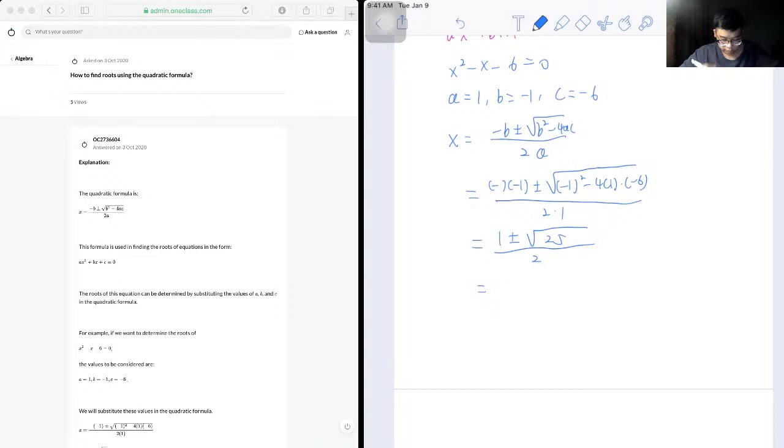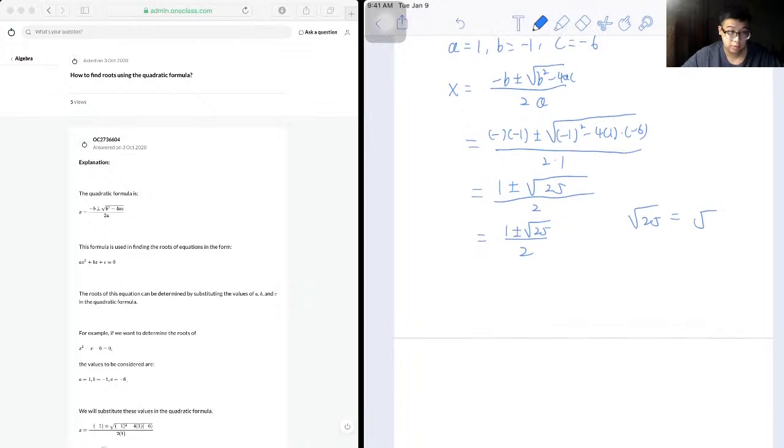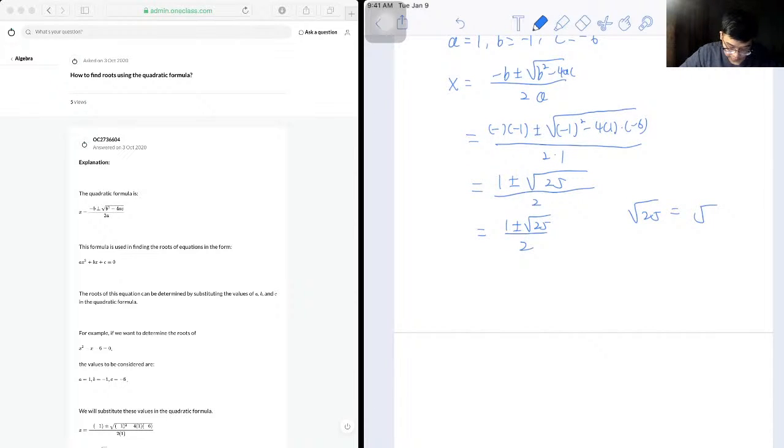So we have 1 plus or minus the square root of 25, over 2, as our answer. And remember, the square root of 25 is equal to 5. So we can rewrite our answer as 1 plus or minus 5, over 2.